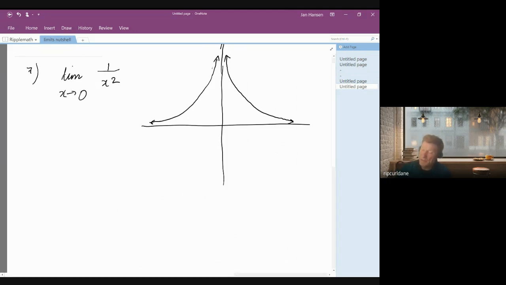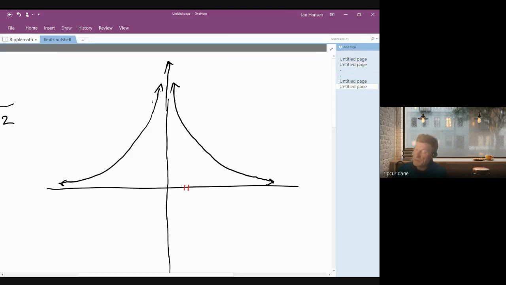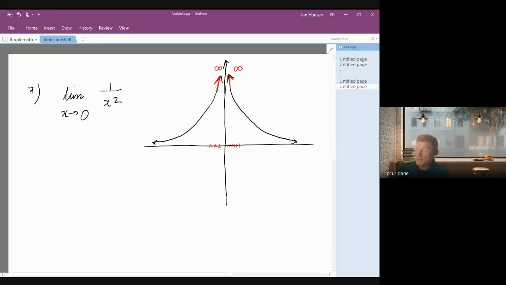But the limit as x approaches 0 from the left or right, let's have a look at that. If x approaches 0 from the right, you can see the function here goes to infinity. And if it approaches 0 from the left, it's also going to infinity. So that's really what it does there. So the limit as x approaches 0 from the plus side doesn't exist.